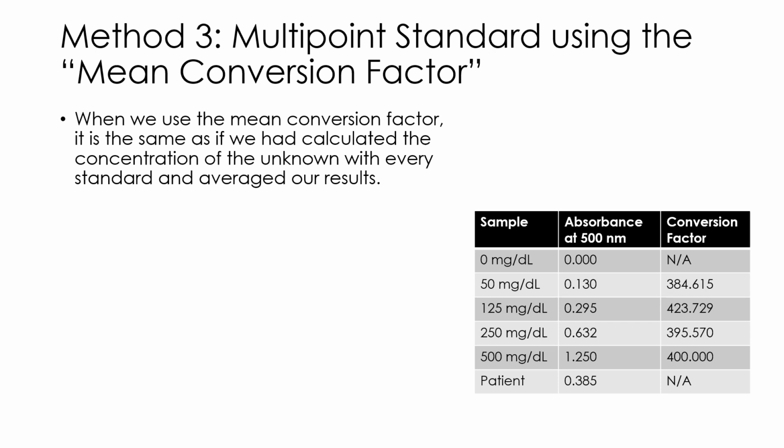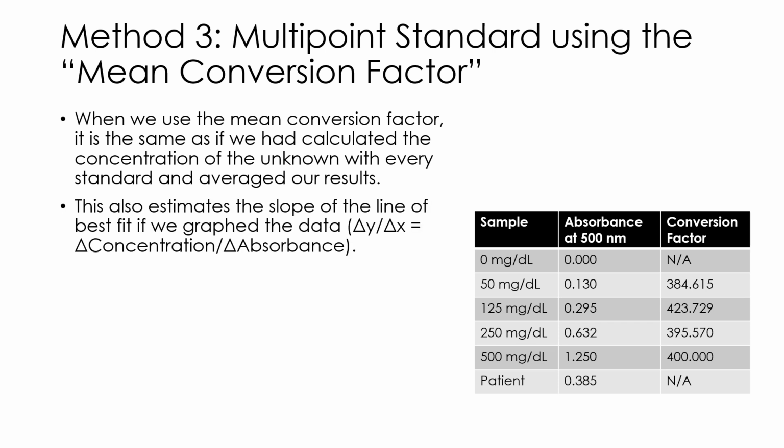When we use the mean conversion factor to calculate the concentration of our unknown samples, it is as if we calculated the concentration of the unknown sample with each standard and then averaged those concentrations together. This mean conversion factor also estimates the slope of the line of best fit if we were to graph the standard curve with concentration on the y-axis and absorbance on the x-axis, since slope is the change in y values over the change in x values.